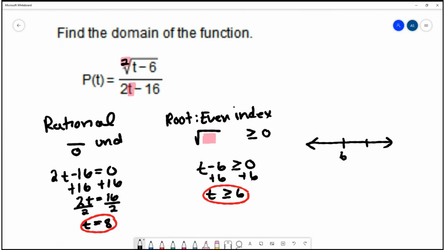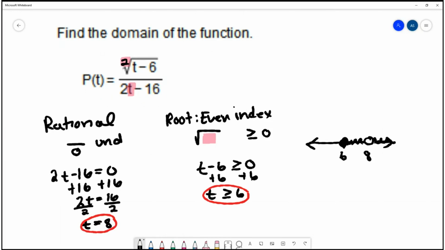So we're going to mark 6 on the number line, mark 8 on the number line, and we want to include all of the values that are greater than or equal to 6, but we do need to exclude that value of 8 because it will make the denominator 0.